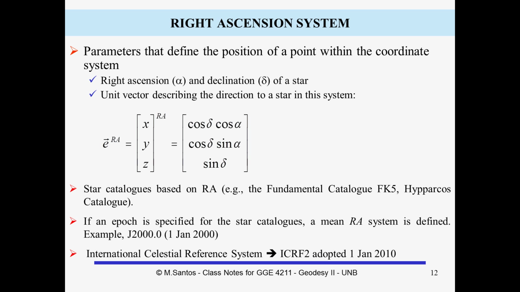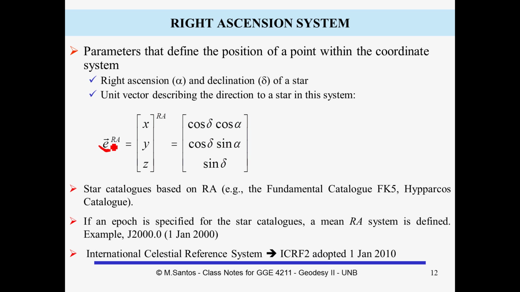So if you want to relate x, y, z coordinates in the right ascension system with the direction, I like to point out that this is a unit vector. Okay, so it's defining the direction to the star.